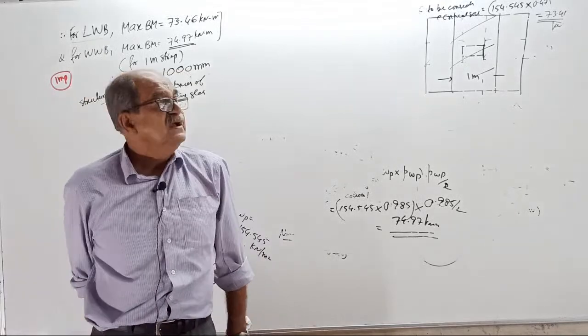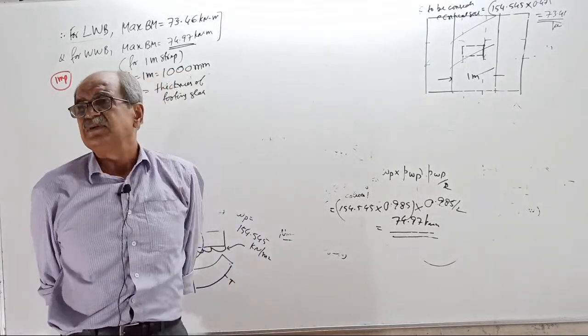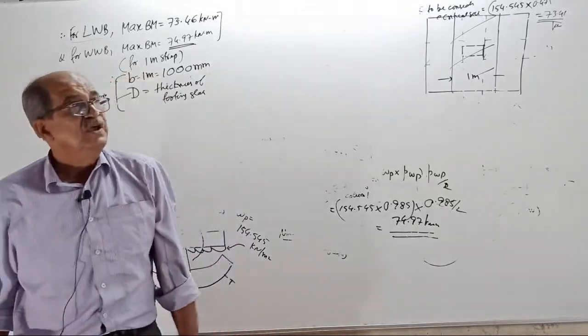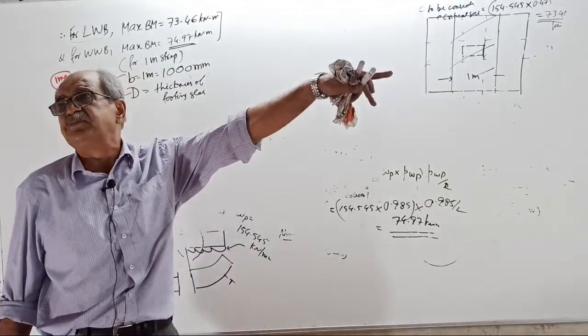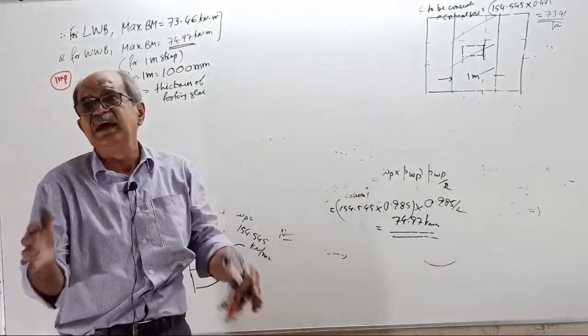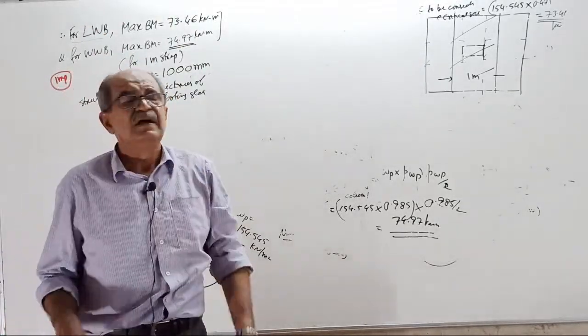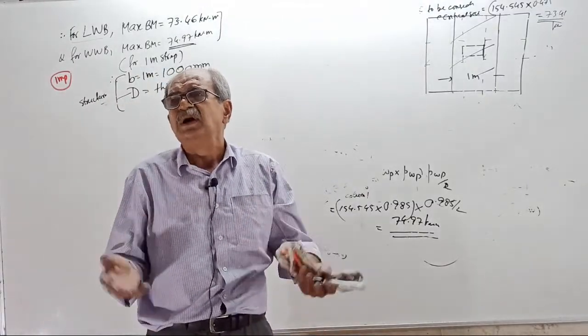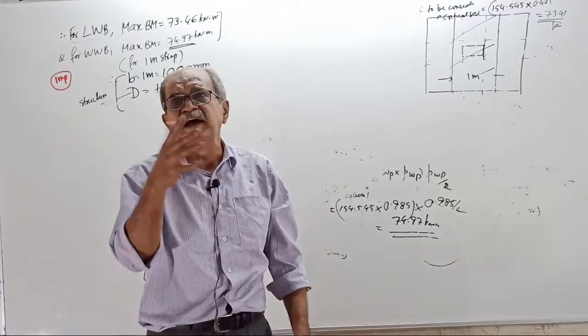Usually, for an RCC floor slab, it is based on deflection and bending moment. Their shear is very ineffective. For floor slabs, shear is negligible. We don't consider it.